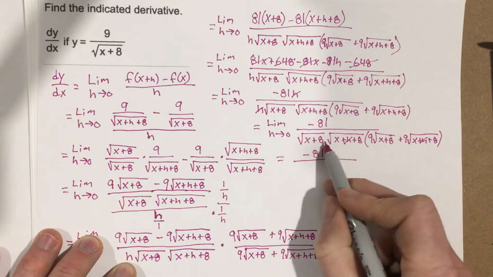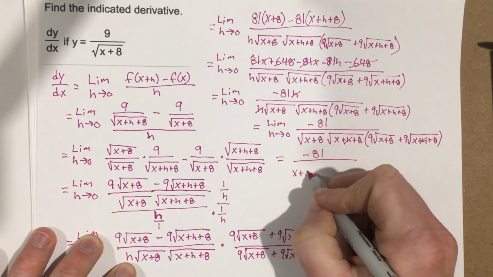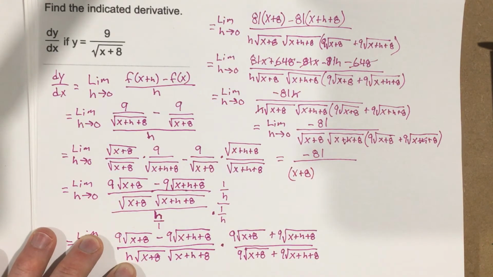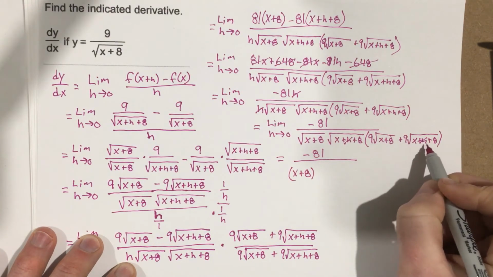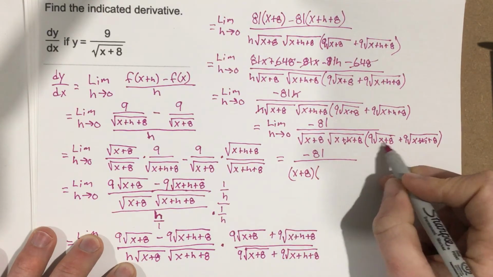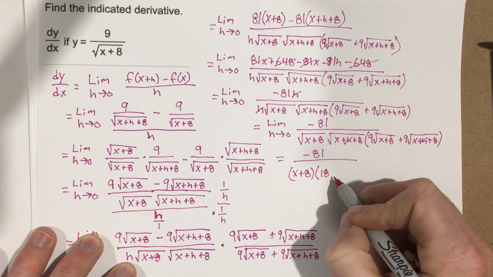That'll be a multiplication. Roots are going to cancel. You're left with x plus 8. And then inside here we have 9 root x plus 8 plus 9 root x plus 8. So this will be 9 and 9 is 18 root x plus 8.